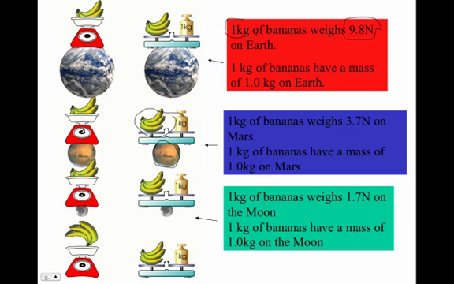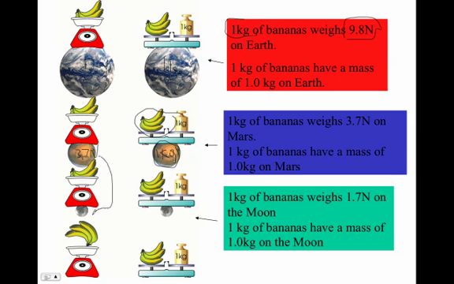The weight would be less. So the weight here on Earth is about 10 newtons. The mass is 1 kilogram. The mass on Mars is still 1 kilogram. Haven't changed the amount of bananas, but the weight now is about 3.7 newtons because of the smaller pull of gravity.